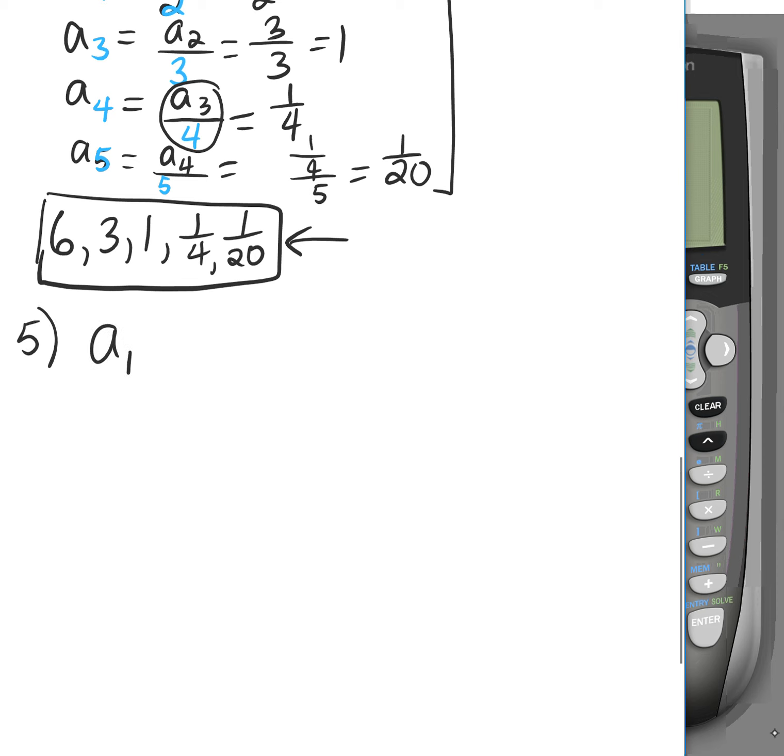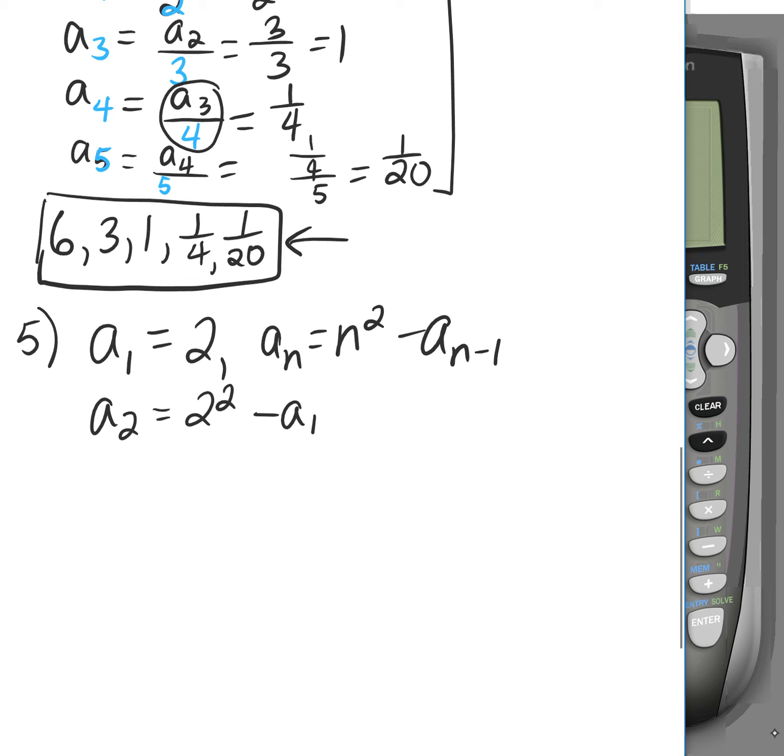Fifth example, a1 is equal to 2, an equals n squared minus an minus 1, minus the previous term. Okay, so same process. Let's go right into a2. a2 is going to be 2 squared minus a1.